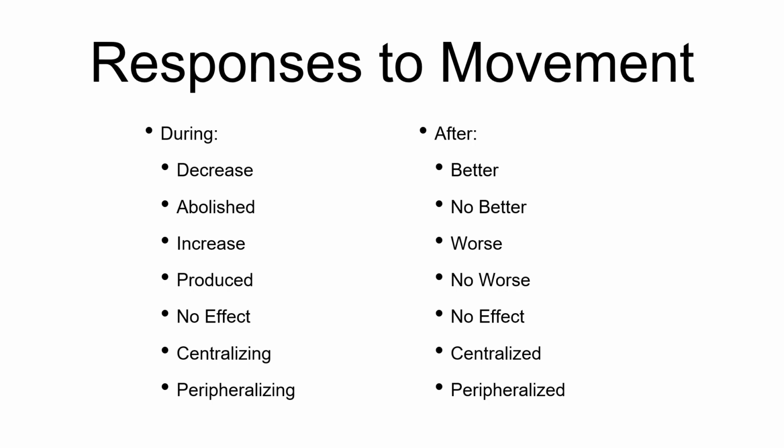And so those are movements that we're going to want to capitalize on with respect to our exercise prescription. So if we see those descriptors of either decrease, abolish, or centralize during the movement, then after the movement they're better and they in fact have centralized, we're going to want to capitalize on those particular movements, and that's really going to play into our exercise prescription for the patient if they fit in that specific exercise category from our treatment-based classification scheme.